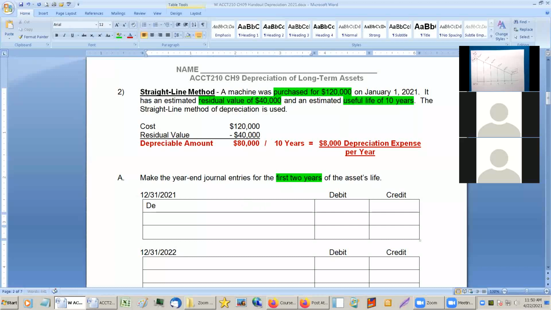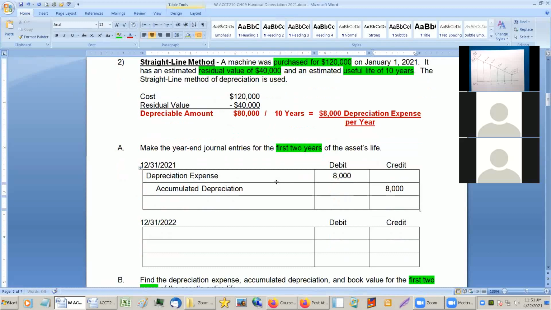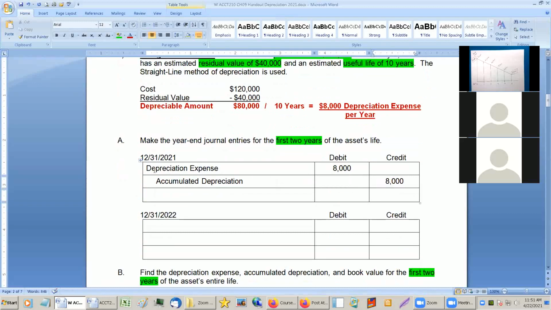Depreciation expense, 8,000. Yeah, you can just copy that. For the straight line method, it's exactly the same.